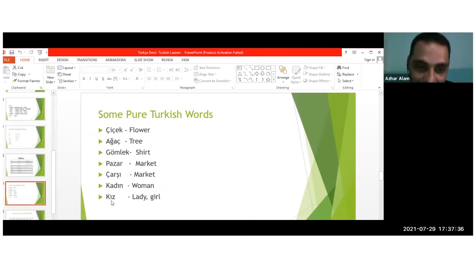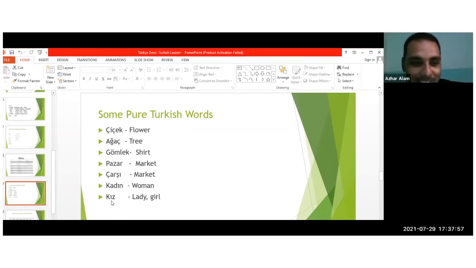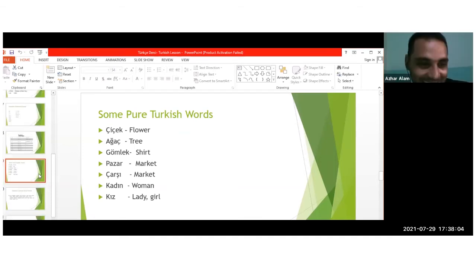We are saying kiz. We are saying this boldly, in a bold voice. And the bold voice comes from the middle, not from the front. It's just like a kind of nasal sound.